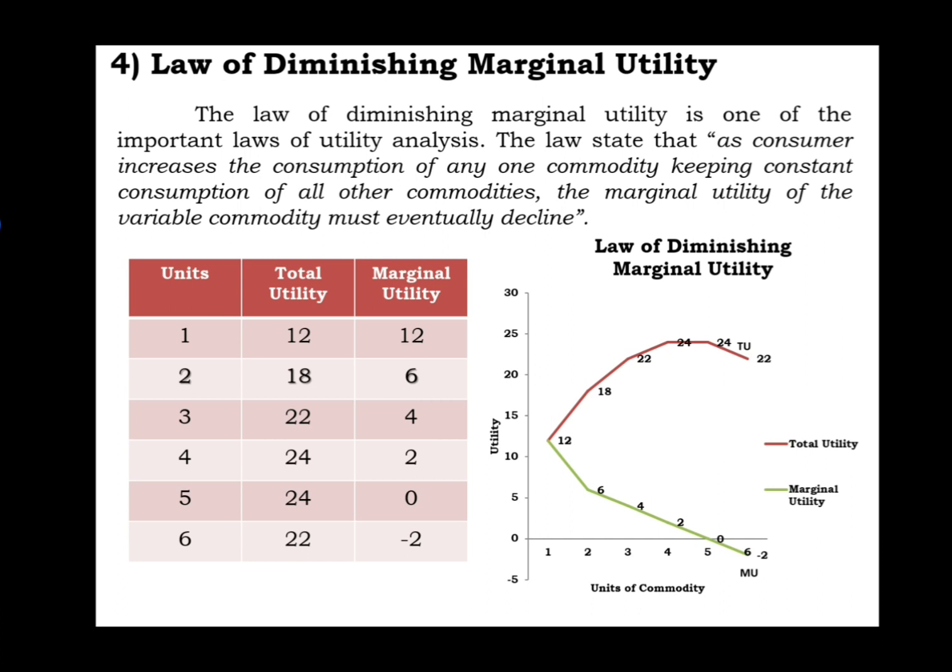In that schedule, after consuming the first unit, we have derived 12 units of utility, the second only 6 units of utility. At the third unit, we have derived only 4, fourth 2, fifth 0 and sixth minus 2. It means the marginal utility goes on decreasing and after reaching a certain point it becomes 0.